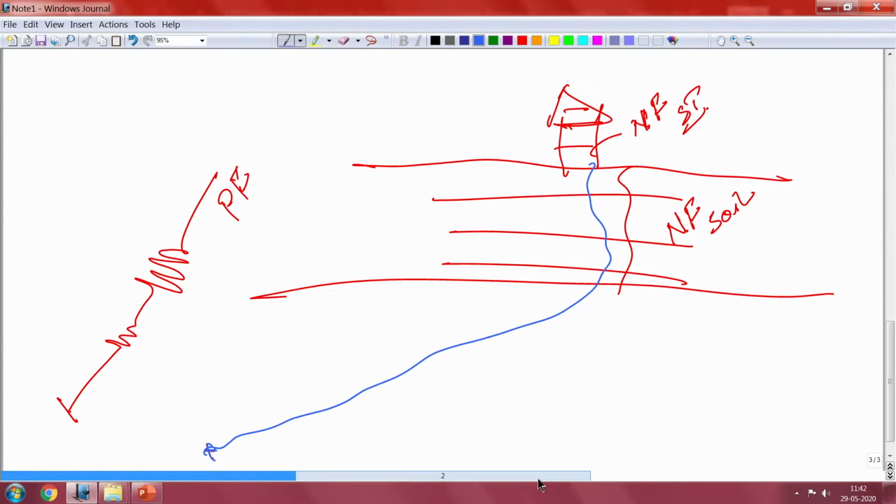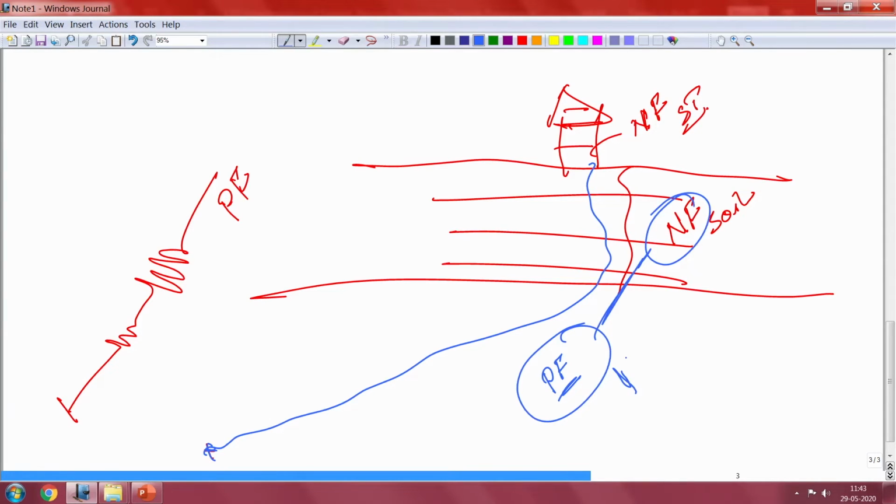Here you have the predominant frequency of the input motion and the natural frequency of the soil. In some cases, these two frequencies will coincide. If they coincide, you will get a maximum response of the ground vibration at this particular place.